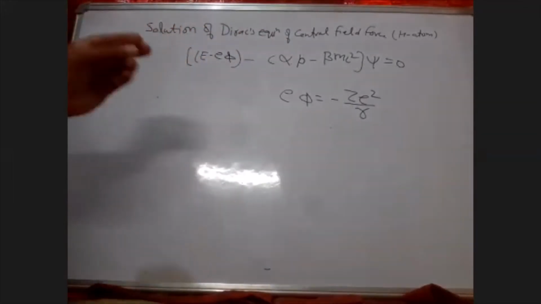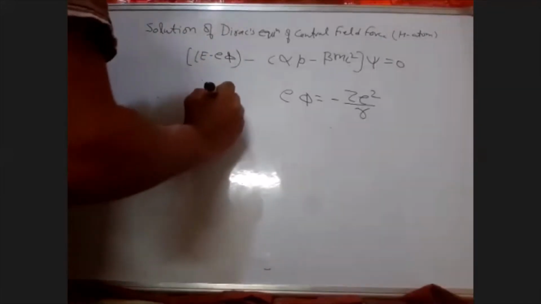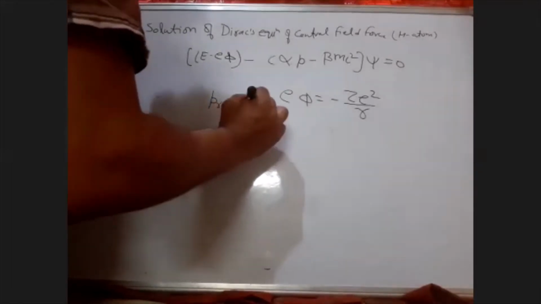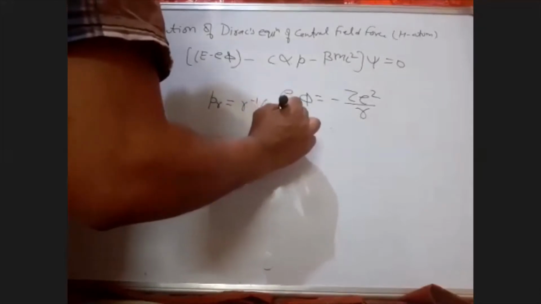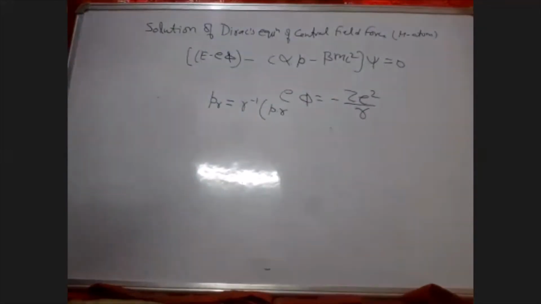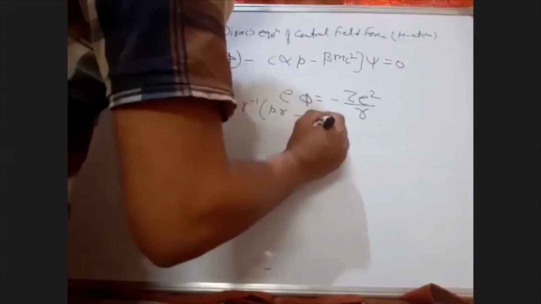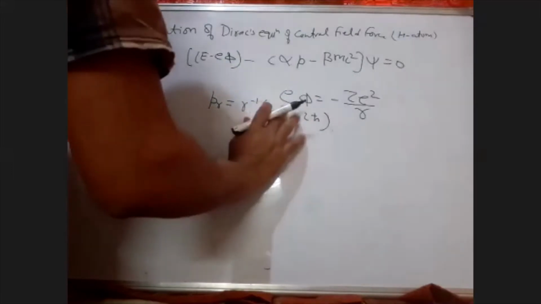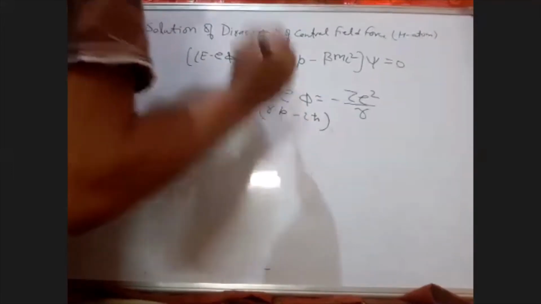So we have to define the radial momentum p_r, which is equal to r inverse r dot p minus i h cross, or to be exact, r dot p.